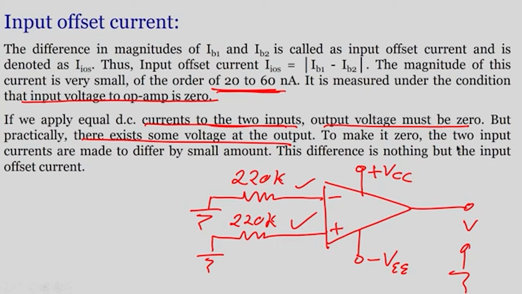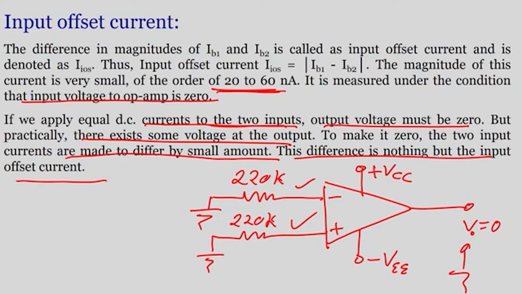To make it 0, the two input currents are made to differ by a small amount; this difference is nothing but the input offset current. When we apply equal DC currents to both inputs, inverting and non-inverting, VO should be 0, but in reality this is not 0.